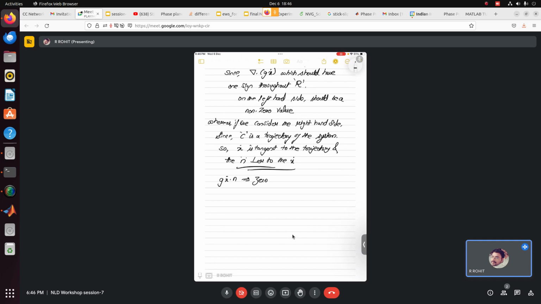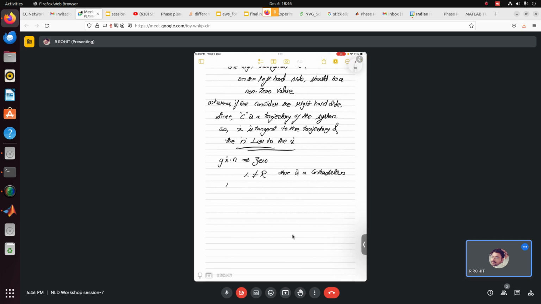So this means the left hand side is not equal to the right hand side, and there is a contradiction. Hence this implies that no such C can exist in R.